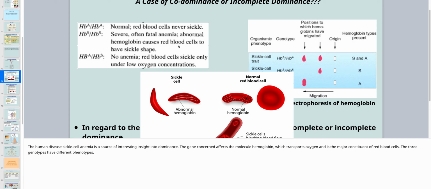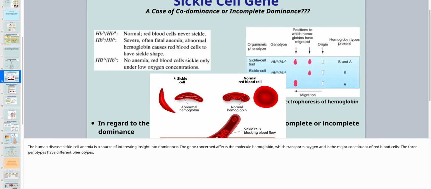These patients don't need to be exposed to particularly stressful conditions before they start forming sickle cells. Their red blood cells will just naturally become sickled, and your body tries to clear all those sickle red blood cells. When your body clears them, it becomes anemic because now you're lacking red blood cells.